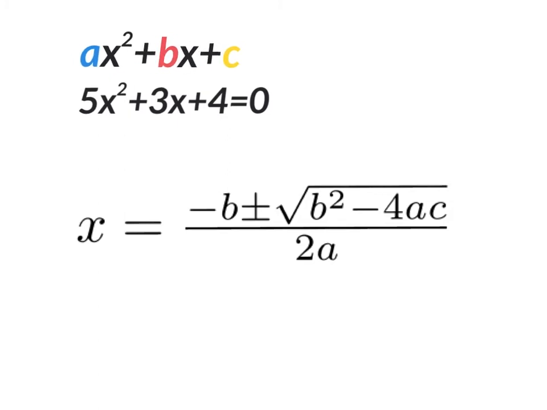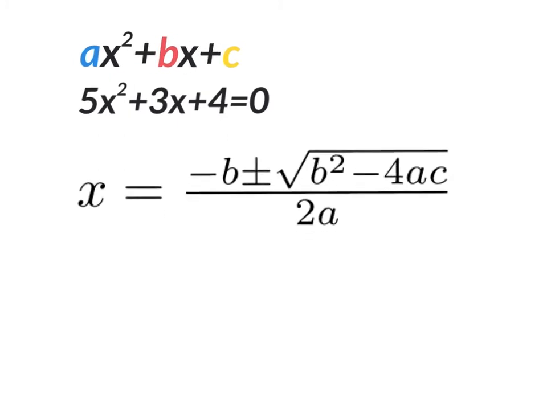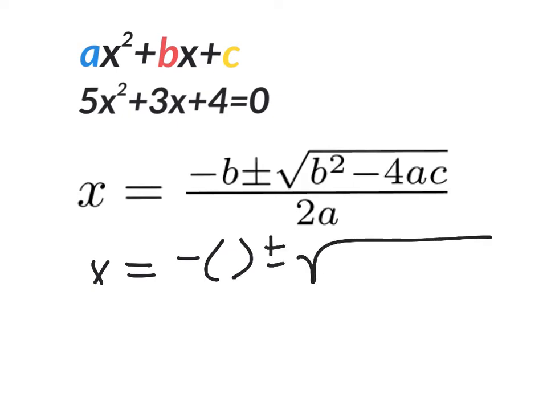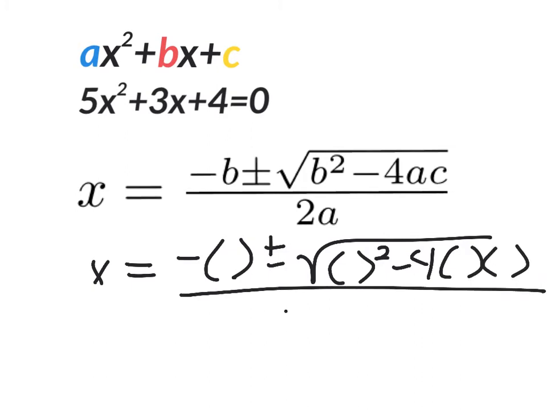I'm going to rewrite this to show you what I mean by being sure that you set it up correctly. So x equals, and then this negative is part of the formula. So negative and then the b, I'm going to put parentheses, plus or minus the square root of b squared minus 4 times a times c, all divided by 2 times a.